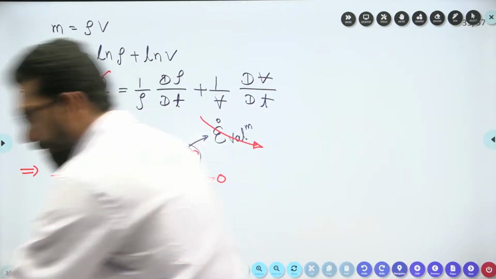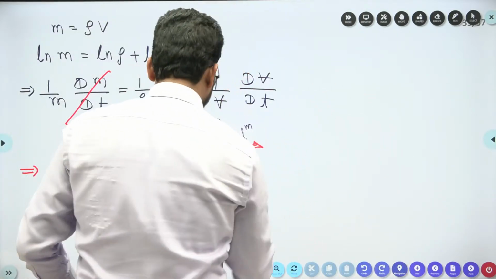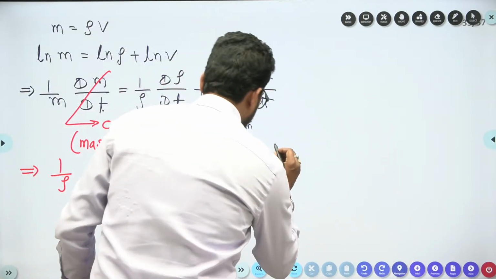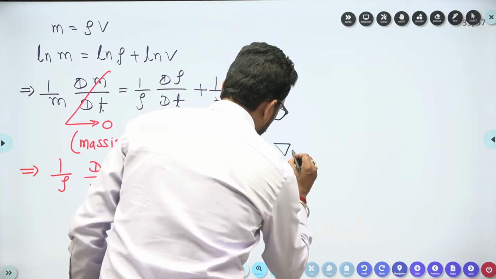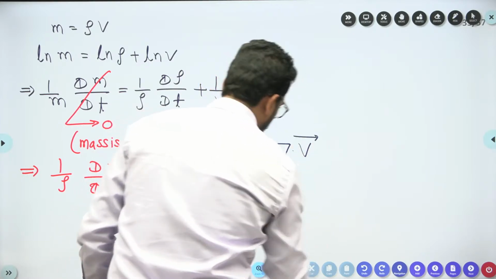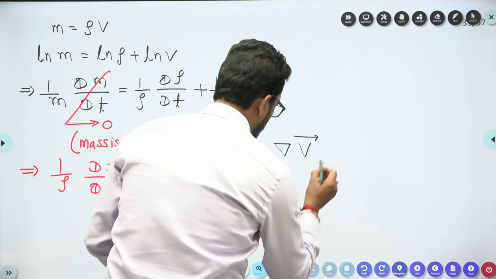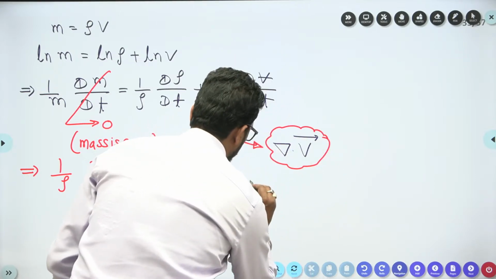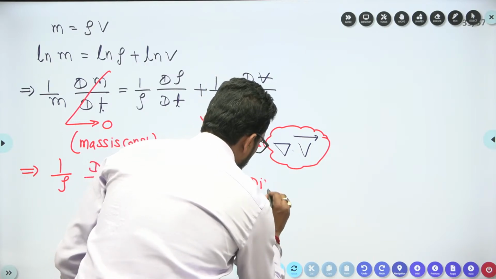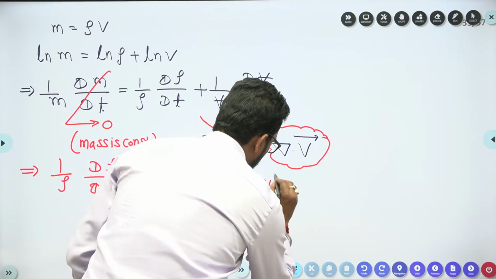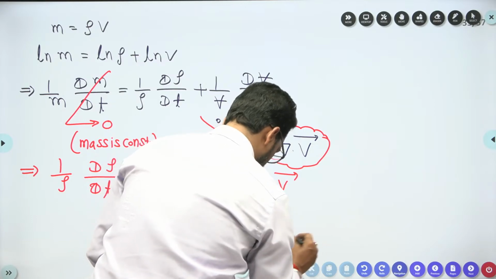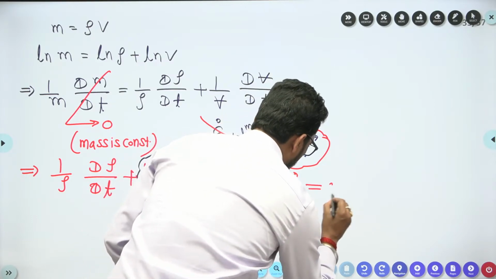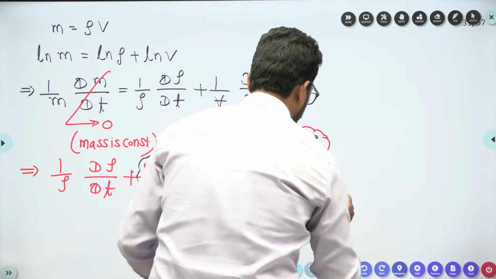Okay, that means here we can write like that. This is what? Del dot v vector. And this is the divergence of a velocity vector. अगर ये 0 है, if it is 0, that means flow is incompressible, right?